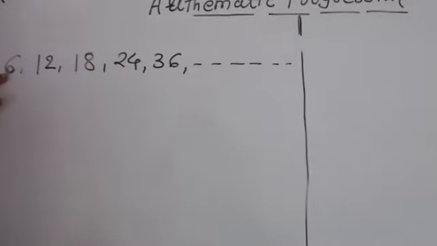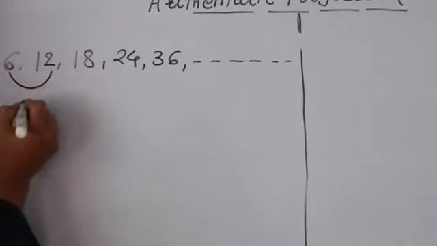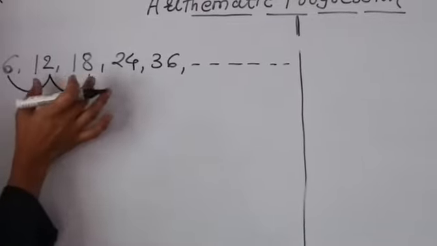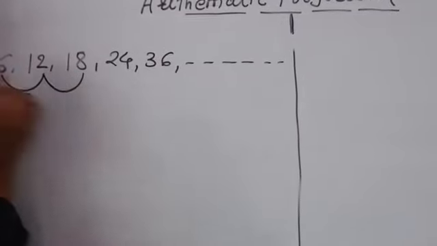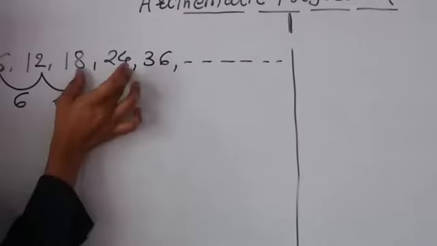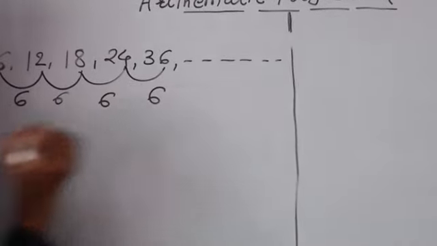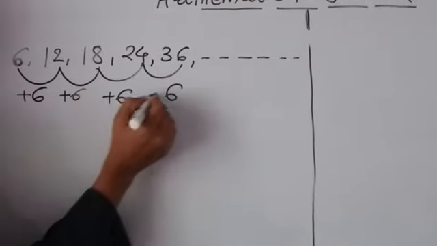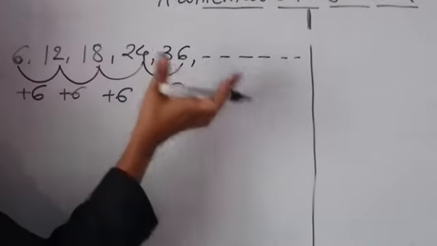The difference between 6 and 12 is 6. Here the next term difference is the same, 6. Here also the next term difference is 6. Here also 6. Which means when we add the same number to the preceding term, we get the next term.